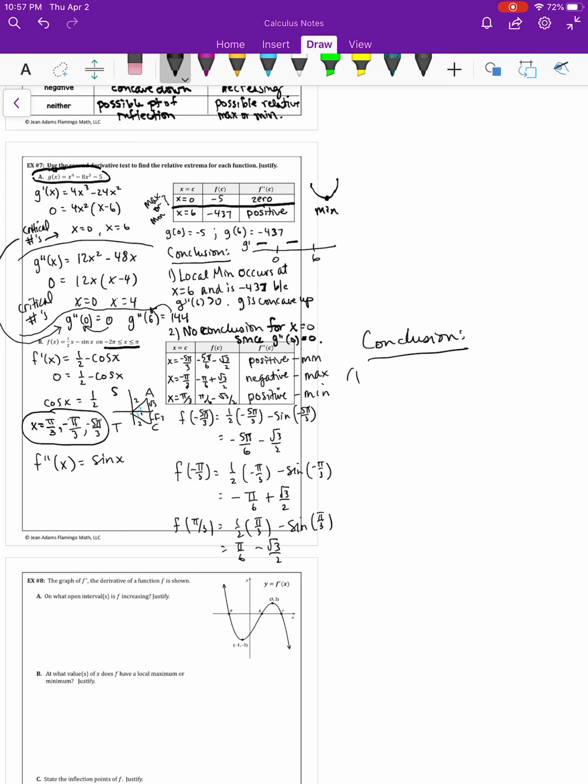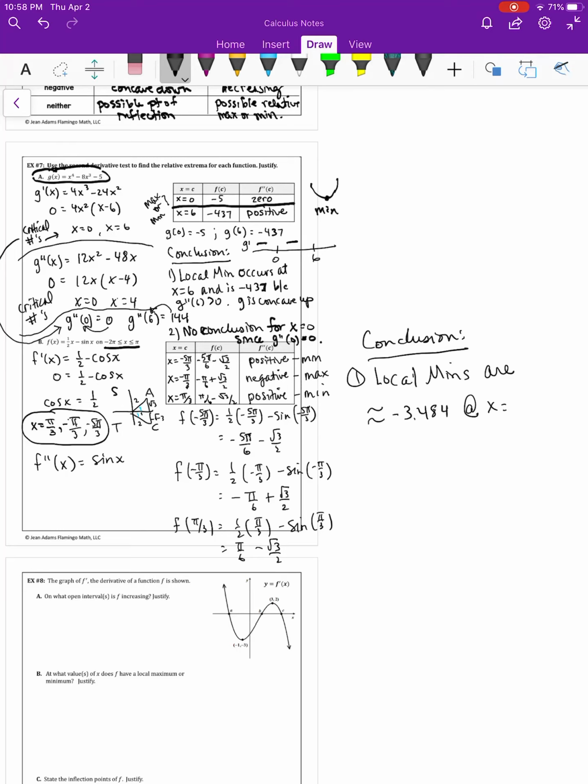That number 1, we have local mins, and I went ahead and put those in my calculator and got values.